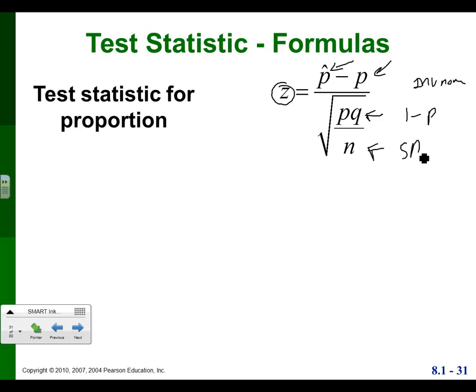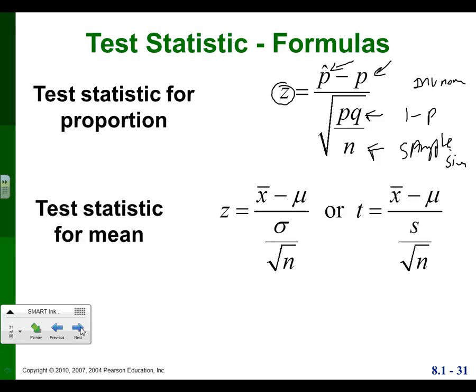Sample size. Okay. I can't remember if you have to use a formula or a calculator. I think we use a calculator. For the mean, we already have this, Z and T. You better write down all three of them just in case we use these equations for our test statistics. I think there's another way to do it, but I don't remember it offhand. So jot these down just in case. Test statistics for the mean.